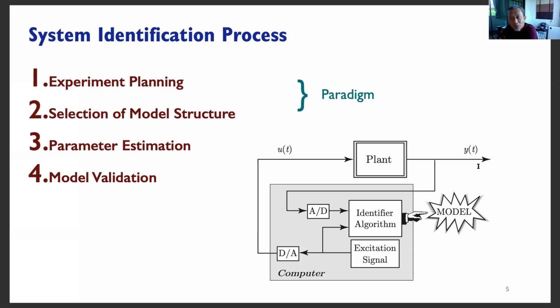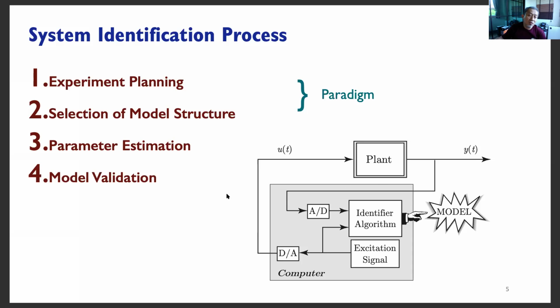So model structure selection is also important, to see whether the system is linear or non-linear, minimum phase or non-minimum phase, and whether the system has a parametric or non-parametric structure. And then finally, you go to the estimation and validation.